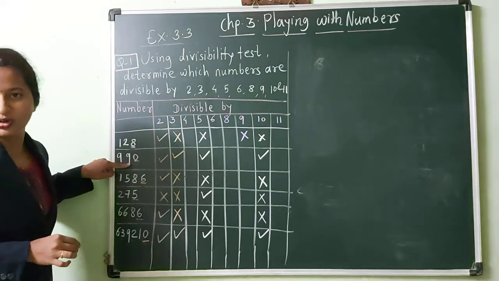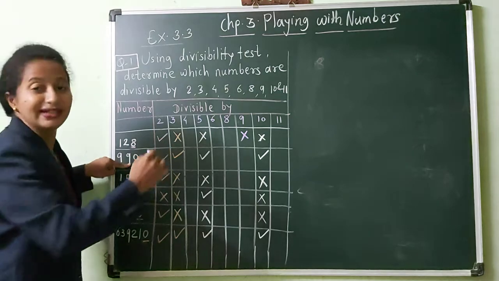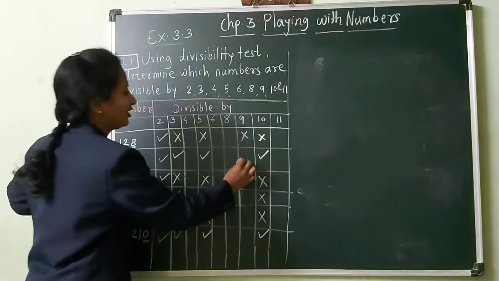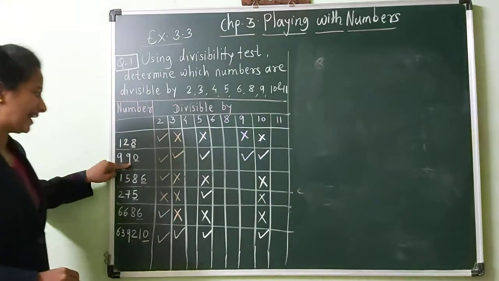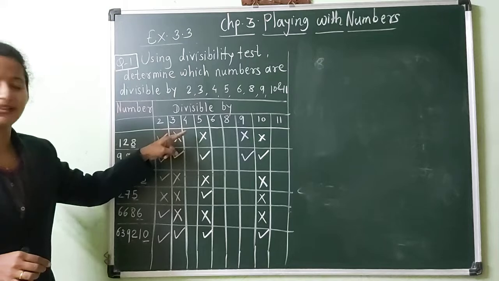Here the sum of all digits: 9 plus 9 plus 0 is equal to 18. And is 18 divisible by 9? 9 2s are 18. So of course this number is divisible by 9. Means the test of 9 is the same as the divisibility test for 3.